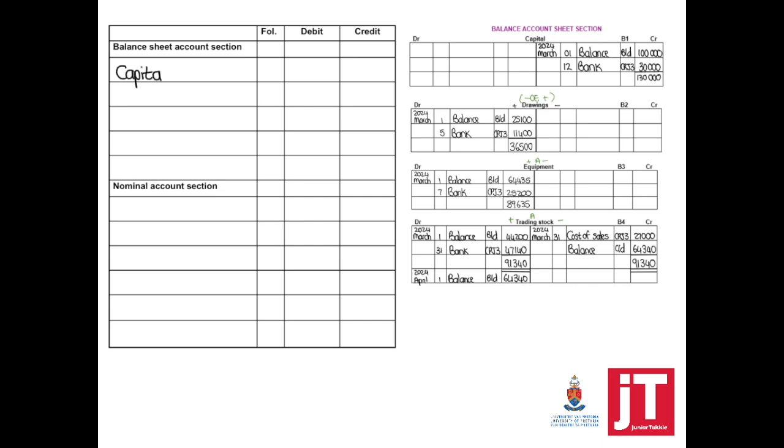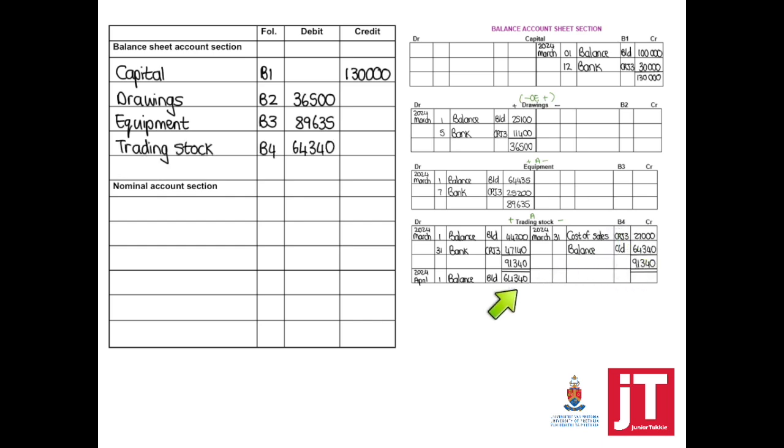We start with capital, account number B1, 150,000. Drawings, account number B2, on the debit side, 36,500. Equipment, account number B3, can you see it must be the same number, 89,635. Trading stock, account number B4, and my new balance, 64,340 on the debit side.